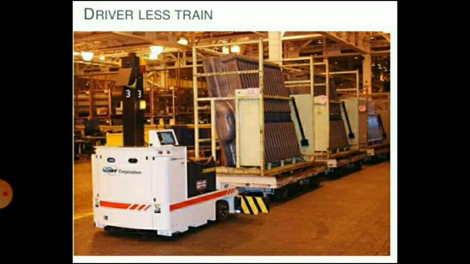You can see another diagram, that is the driverless trains that are used in an industry. So it is independently operated and self-propelled vehicles. These are guided by the sensors on the vehicles that can follow the guide wires or the paint.